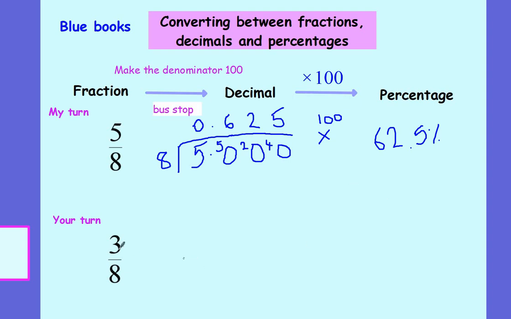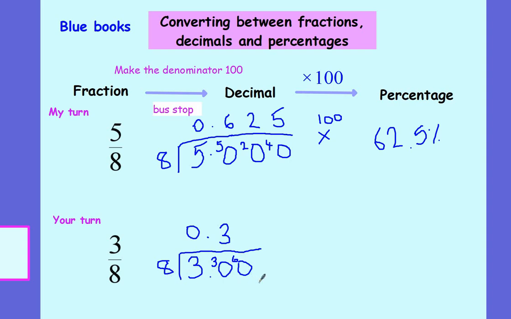Okay, let's go through the answer. I'm going to use bus stop division. This time I'm doing 3 divided by 8. Joseph, how many 8s are there in 3? None whatsoever. Lovely. 3 left over. How many 8s are there in 30, Libby? 3 8s in 30, which will give me 24, so I have a remainder 6.